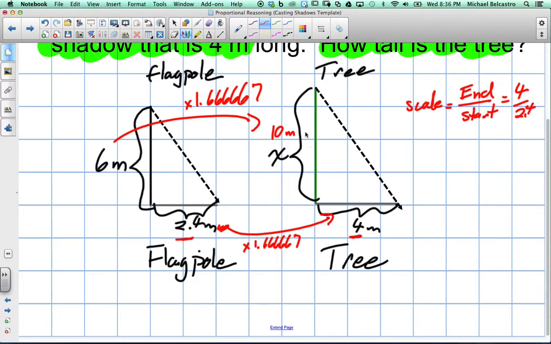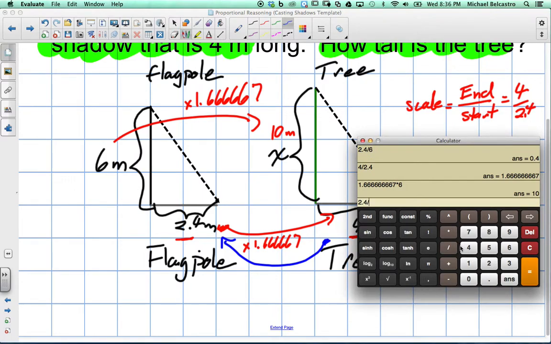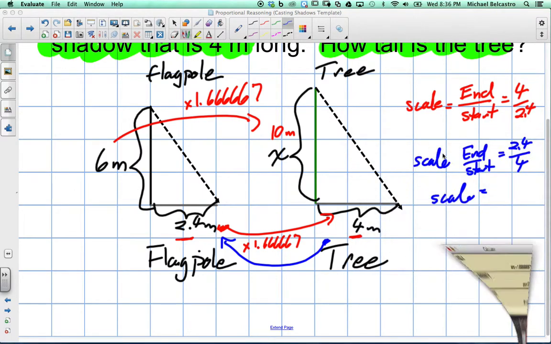Now, remember we talked about how we could technically go backwards. Say we found another scale, and we'll use this scale for checking. Let's say we're going the other way. We take our end number and divide by our start. So if we're ending at 2.4 and we start at 4, we take 2.4 and divide by 4, and that'll be our new scale. 2.4 divided by 4 equals 0.6.